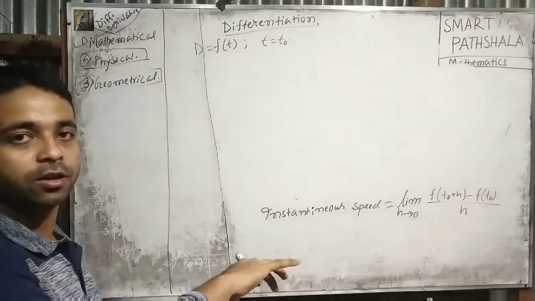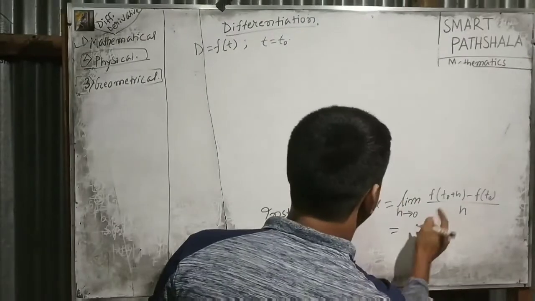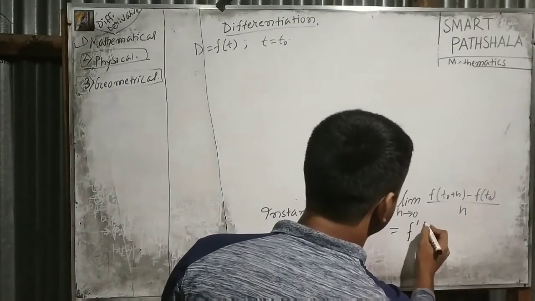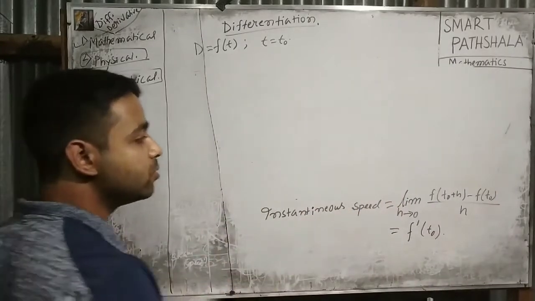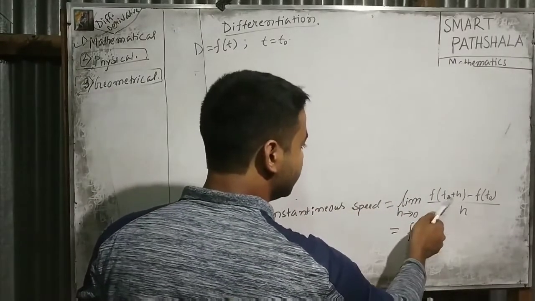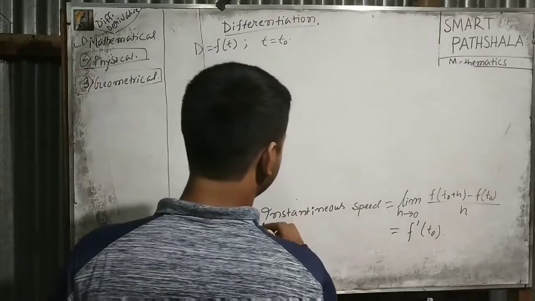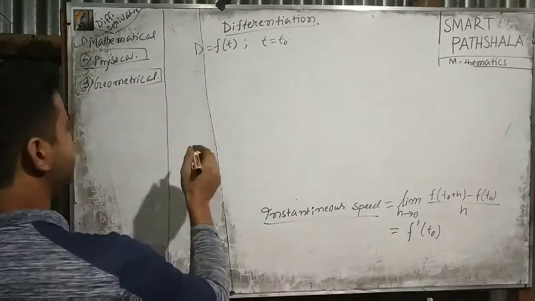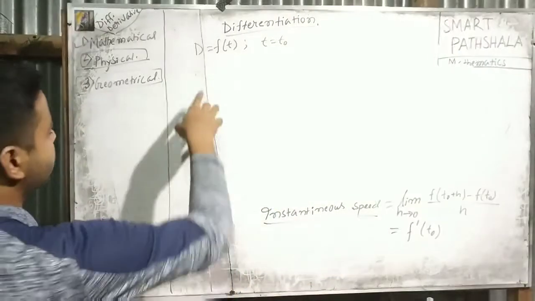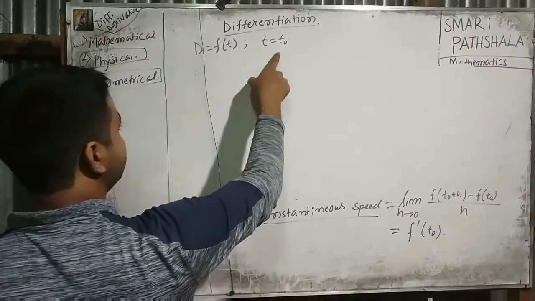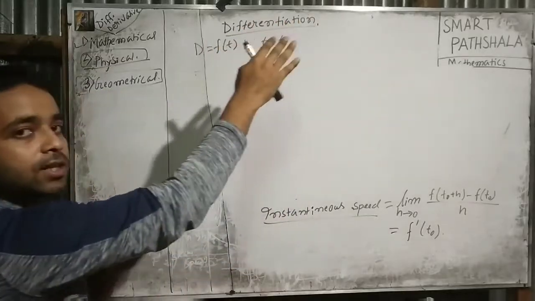From the mathematical definition of derivative, we can write f dash of t0, because in place of x we have t0 here. Perfect, no? So this is the instantaneous speed. Remember this is the physical definition: t0 is some particular time and t is a time variable.